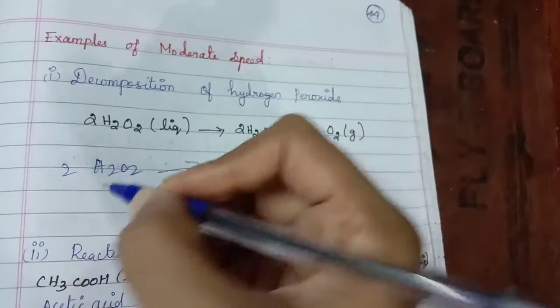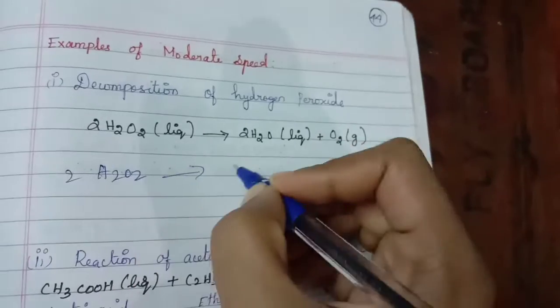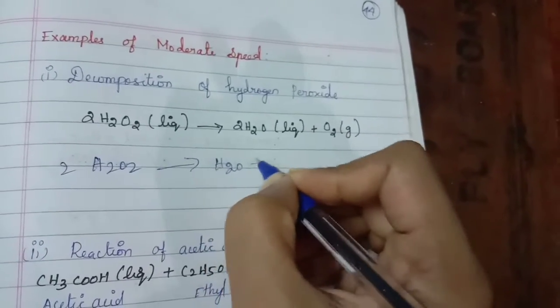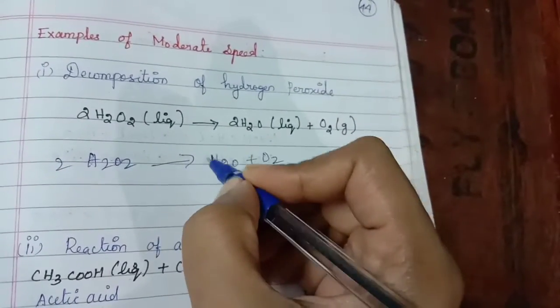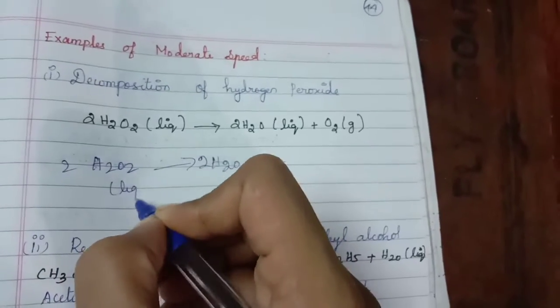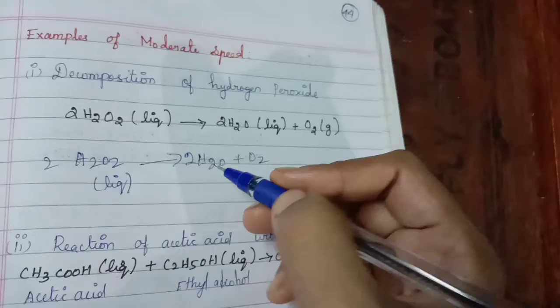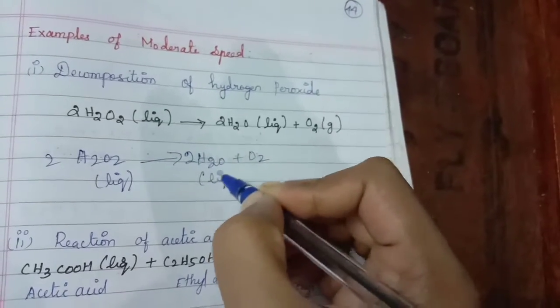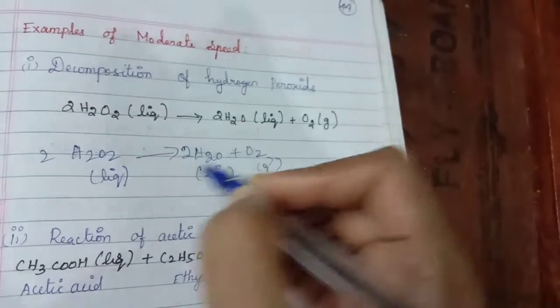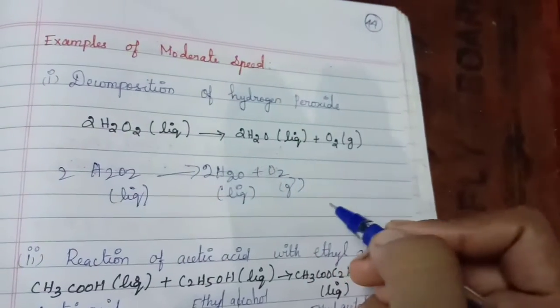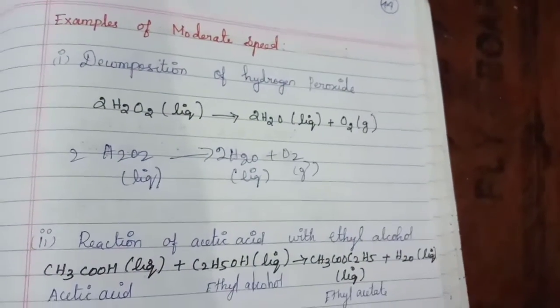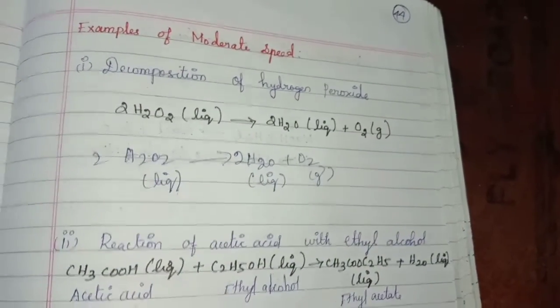Decompose means it will separate, into a water molecule plus an oxygen molecule. So this liquid hydrogen peroxide is decomposed into water and oxygen gas. This is an example of a moderate speed reaction, and the reaction rate should be calculated through experimental methods.